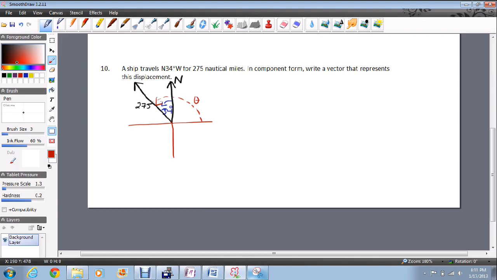So we have to add an additional 34 to get theta, and we get 124 degrees. So now, just like before, I'm going to substitute in 275 cosine of 124 degrees, 275 again, sine of 124 degrees.